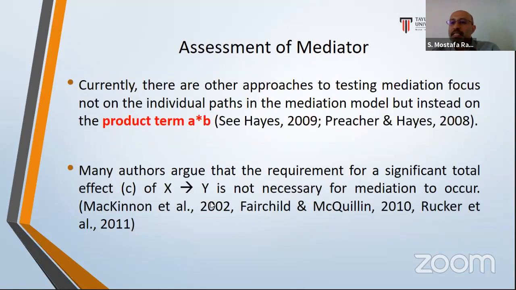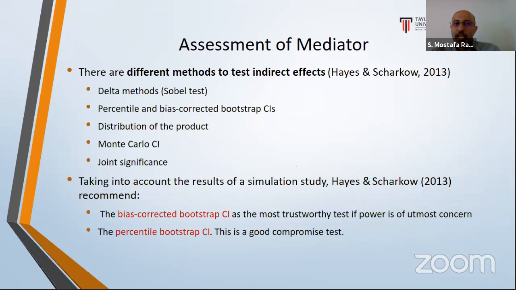For the third group, we have delta methods, and we have percentile and bias corrected bootstrapping confidence intervals. So we calculate confidence interval based on bias corrected or percentile bootstrapping. Based on this confidence interval, we assess significance of the indirect effect or product of coefficients.